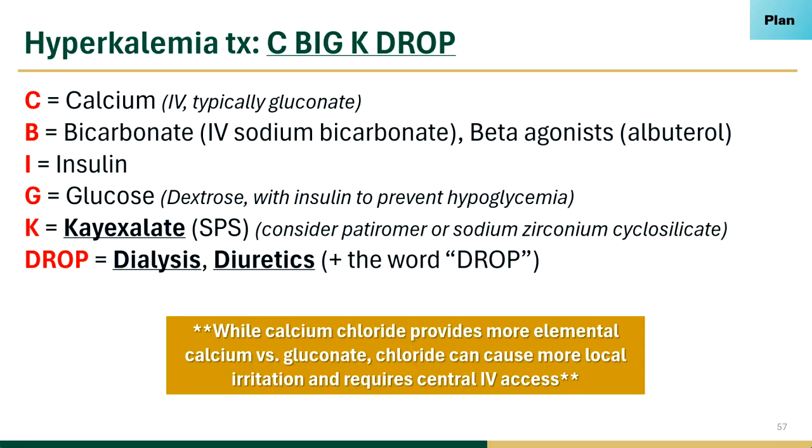I have a note here that calcium chloride provides more elemental calcium versus the gluconate form, but it is much more irritating, and so it requires central access, and it requires it to be not administered with other things. Calcium chloride can precipitate with bicarbonate. So if you have something that has bicarbonate, especially if you were giving it already, then it will form chalk.